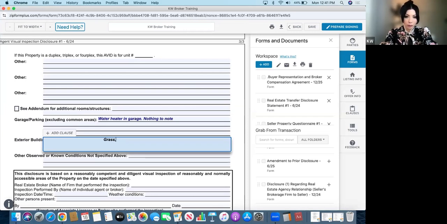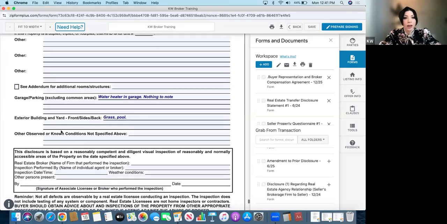Yes. And if there were any other conditions not specified above, you can mark that here.